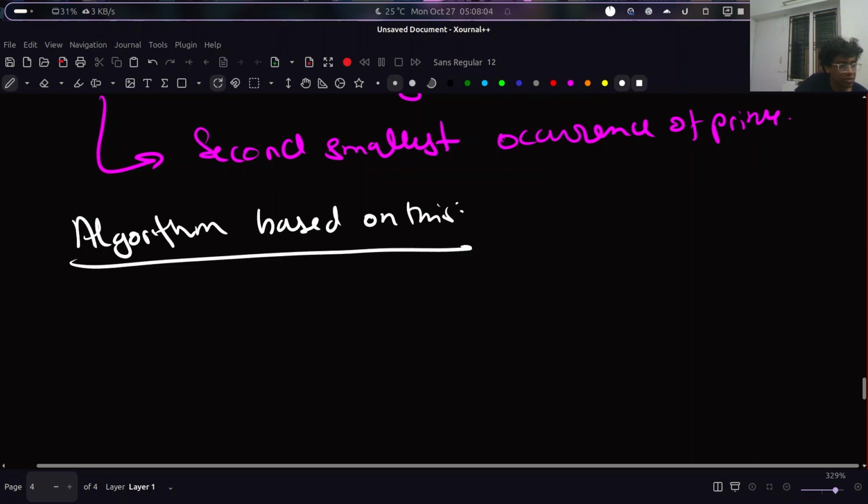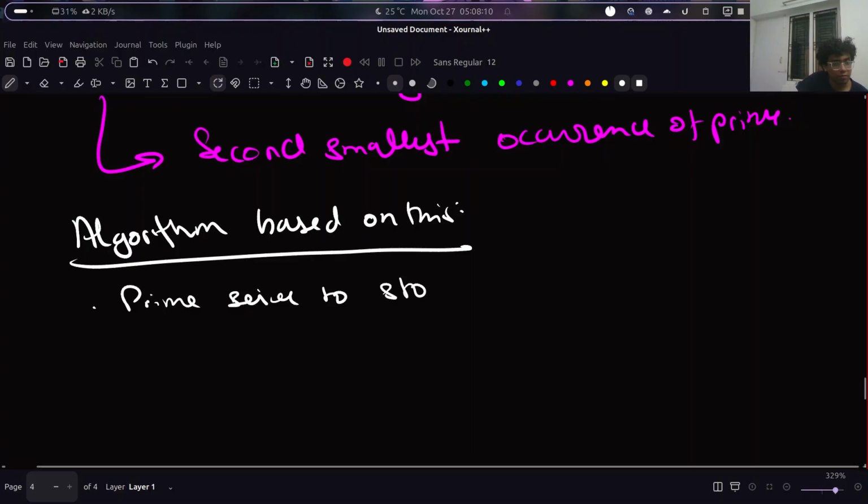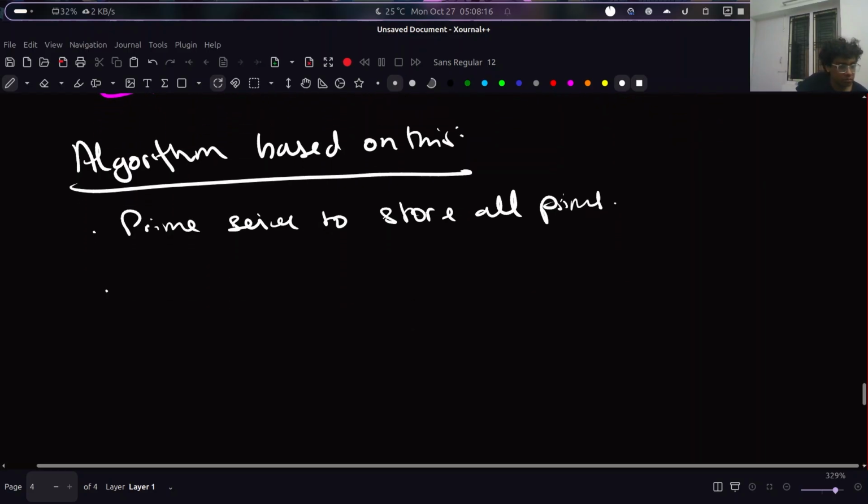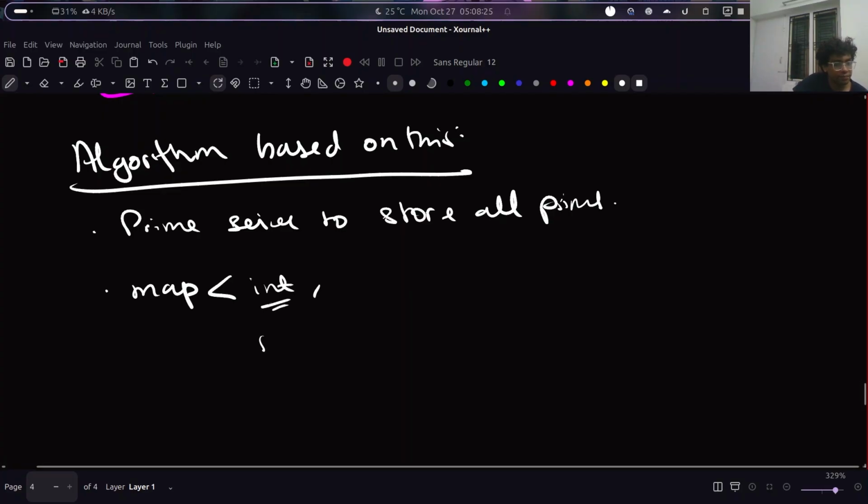So what I'm going to do is have a prime sieve to store all primes. Now I'm going to have a map, for each prime, from the prime to the count of that prime, so how many times the prime has appeared.